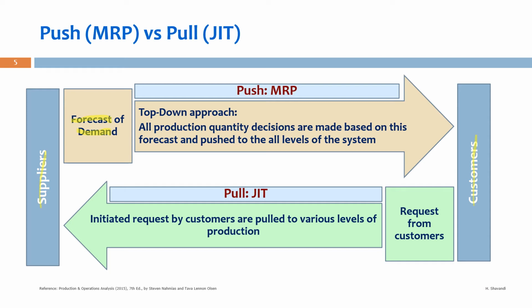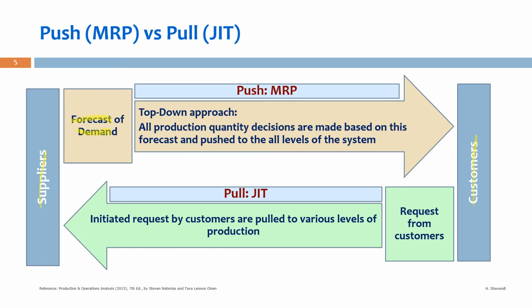And then the marketing department will push customers by having promotion plans to encourage them to buy the produced items. So this is called a push or MRP system.